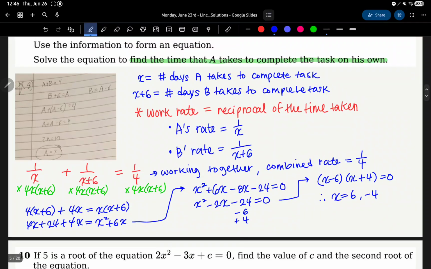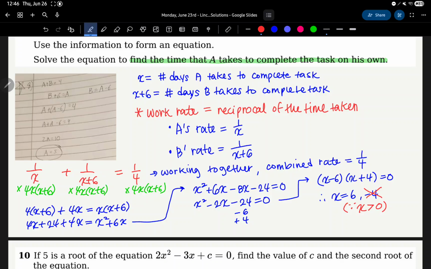But what is the x again? The x is a number of days. Is that positive or negative? Obviously, that's going to automatically cancel out the minus 4, because x can only be greater than 0. So we need to write that condition in the end so that we are showing the examiners that we actually know why it is not the negative.